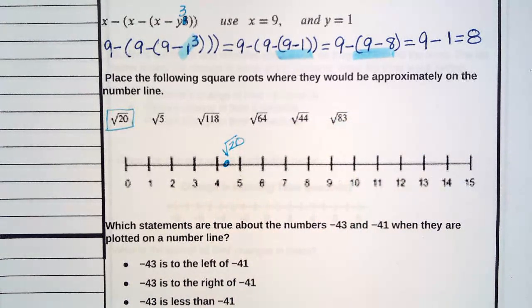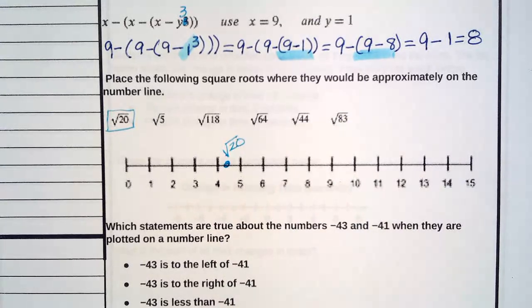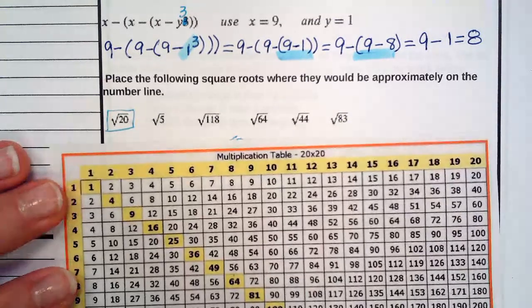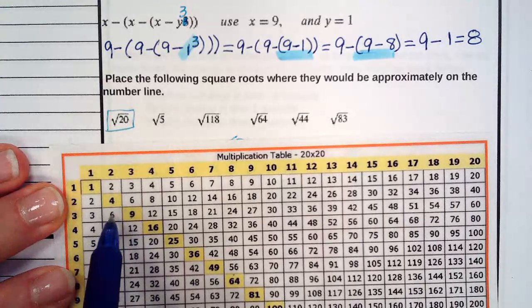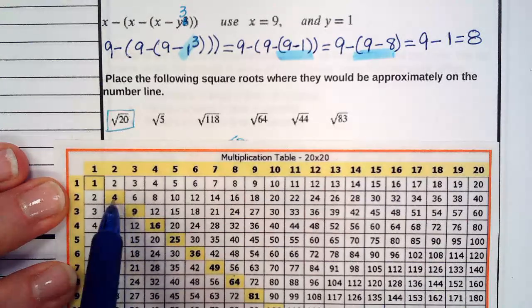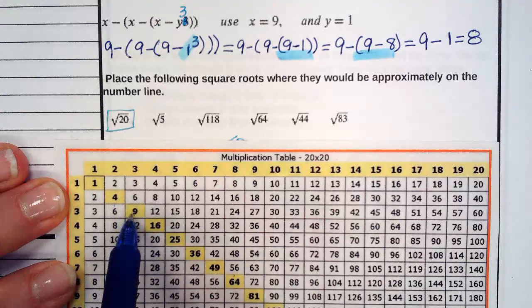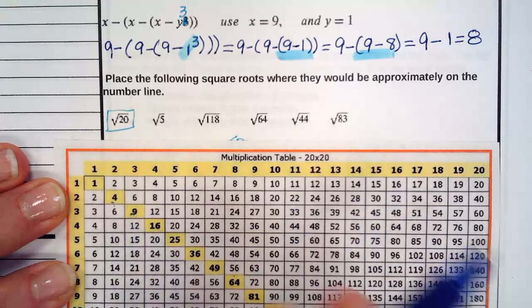Okay, square root of 5. Well, 5, I've got 1, 4, and 9. The square root of 5 would be in here somewhere. The square root of 4 is 2, the square root of 9 is 3. So it's between 2 and 3, but it is definitely closer to 2.